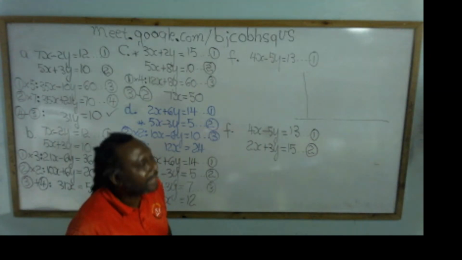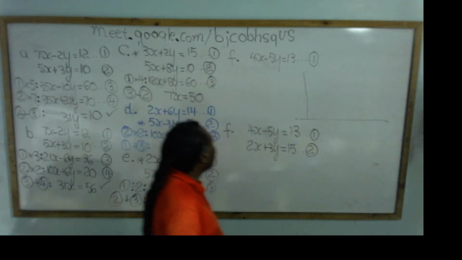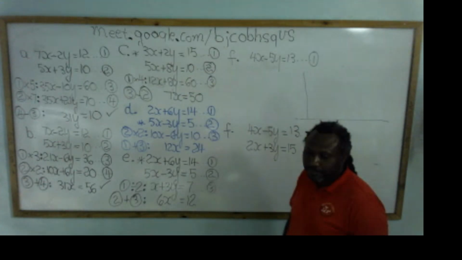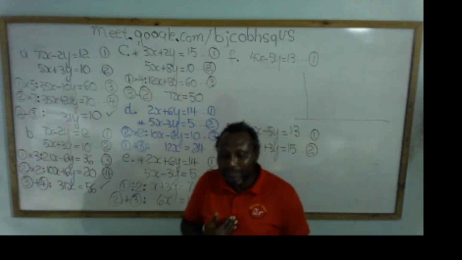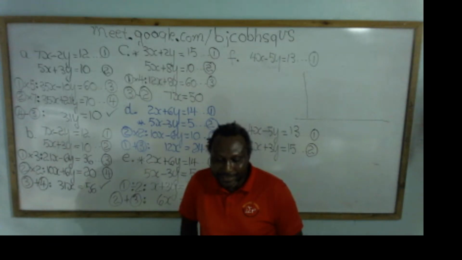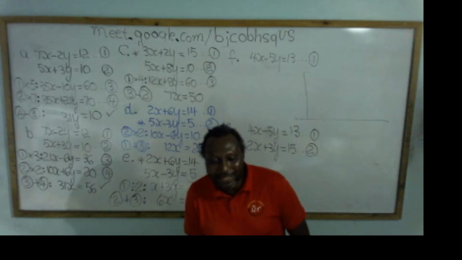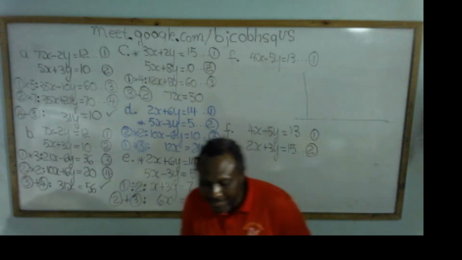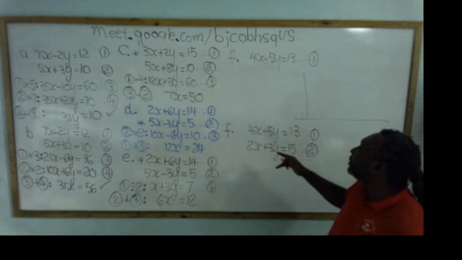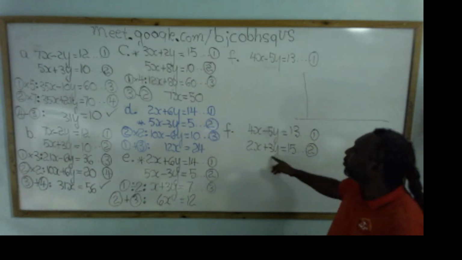You're going to eliminate the x's by dividing by 2. I would eliminate the x's, but I would not divide by 2. Now, why is it that I would not divide by 2 here?